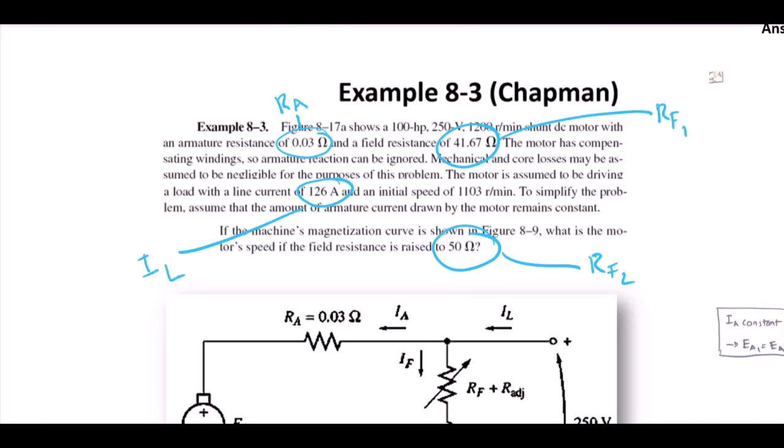And then we've got the line current, IL, which is shown in this diagram, and the initial speed, which we call N1 equals 1103 rpm. Now let's try to answer the question step by step.